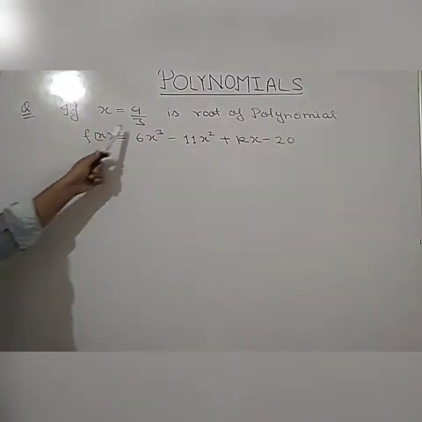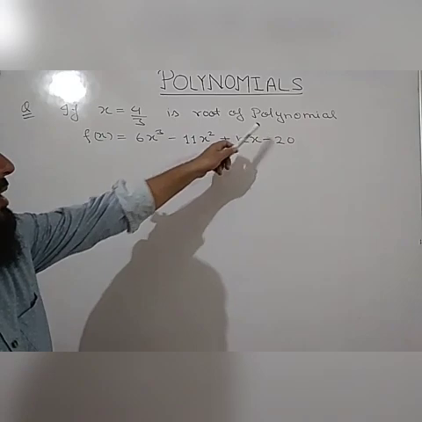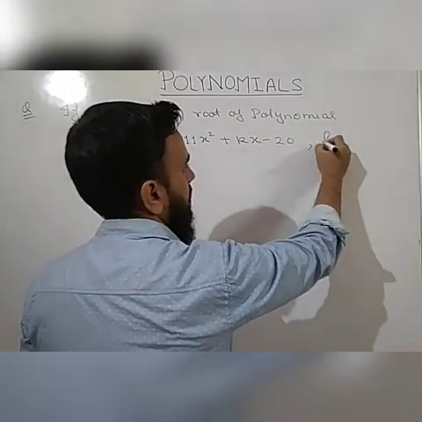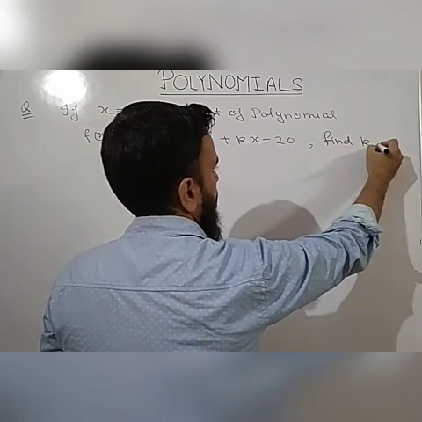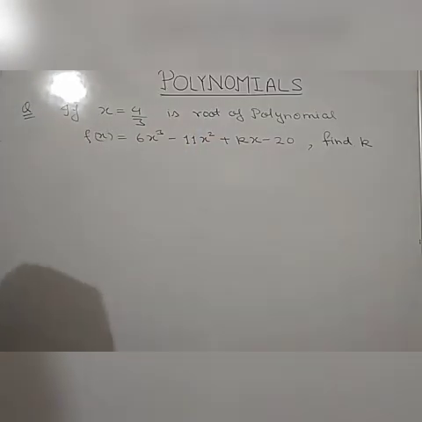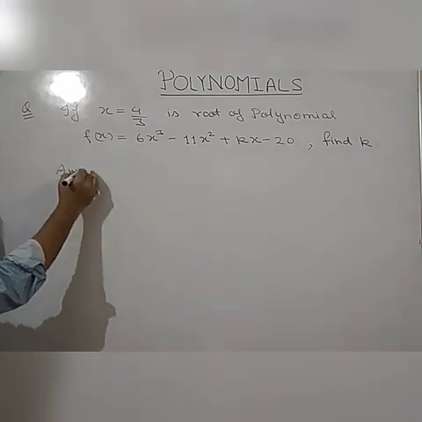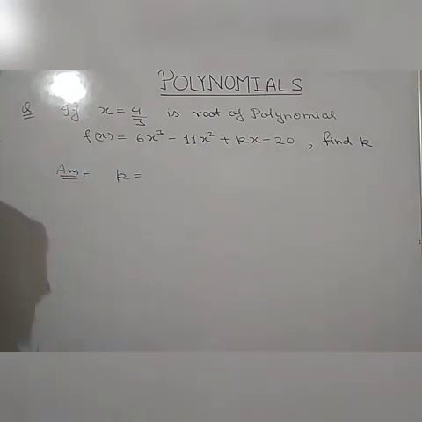If x is equal to 4 by 3 is a root of this polynomial, then find the value of k. I am giving you the answer. The answer is k is equal to 19.